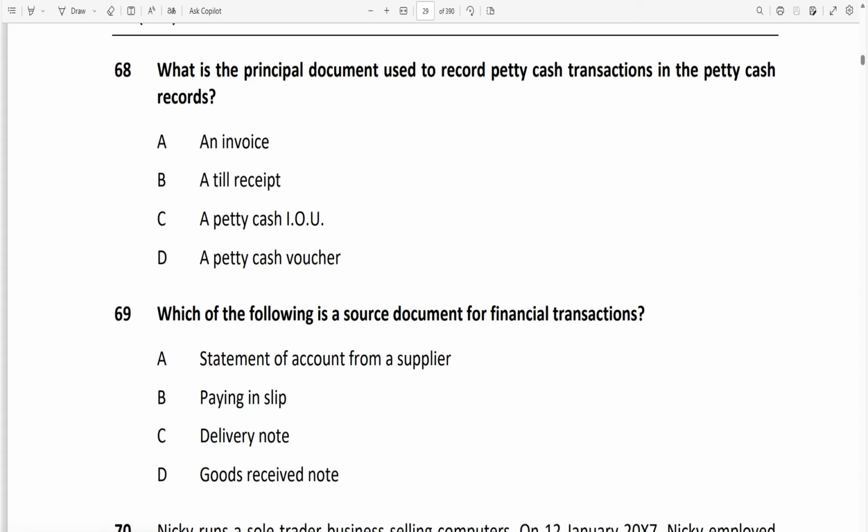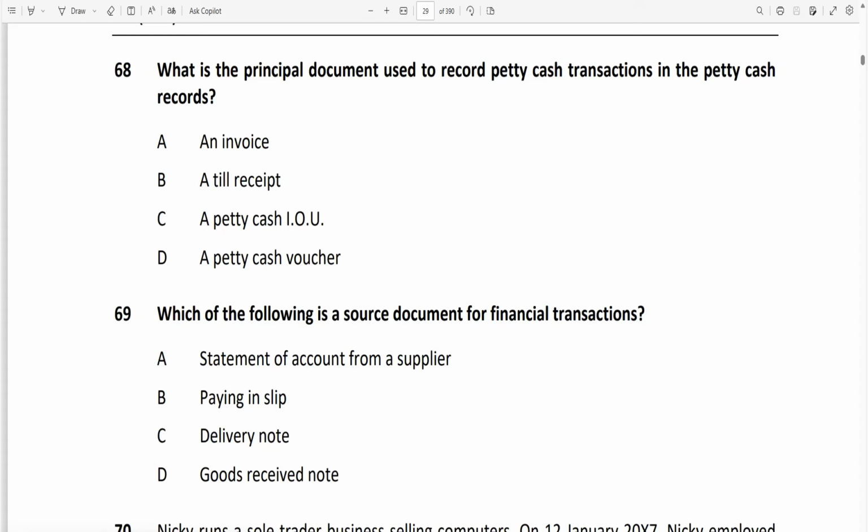Whenever someone goes to the bank and deposits cash, they get the paying in slip in return. So that transaction needs to be recorded, right? Because we have been paid into our bank account. So B seems to be correct.